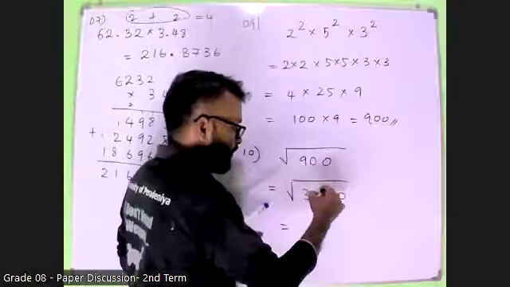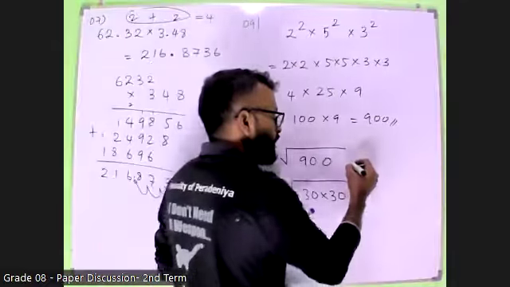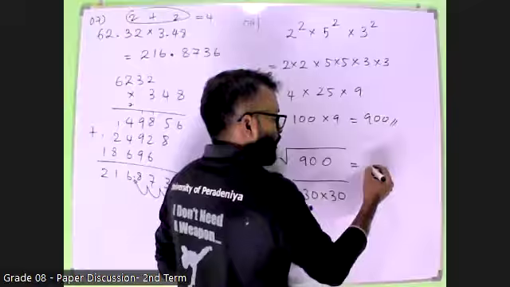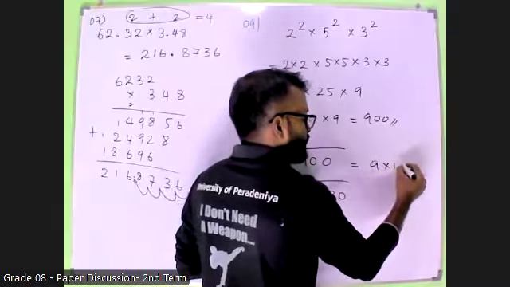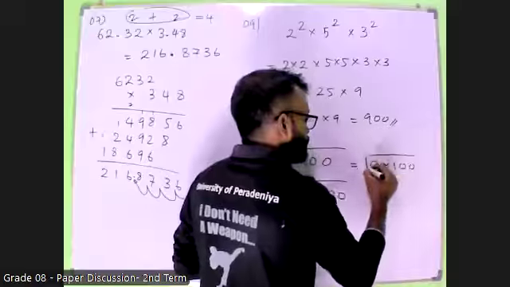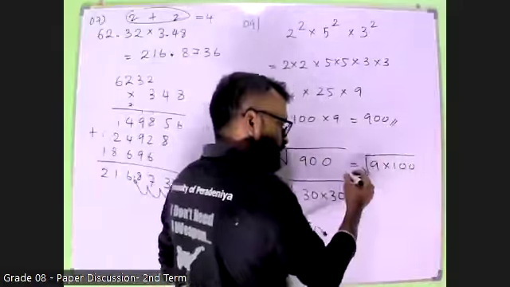So square root of this equals 30. Or you can write this as 9 times 100. So these are different ways.